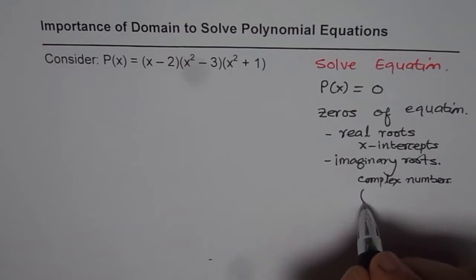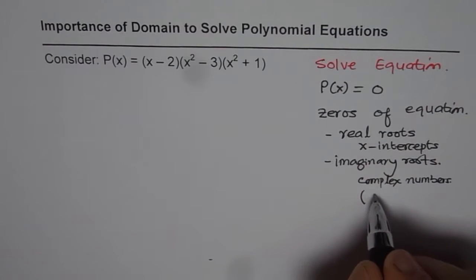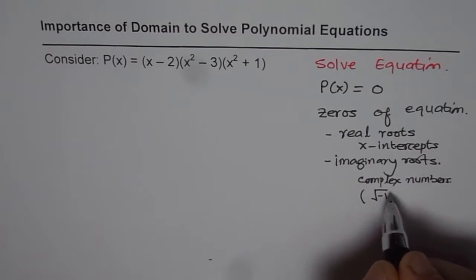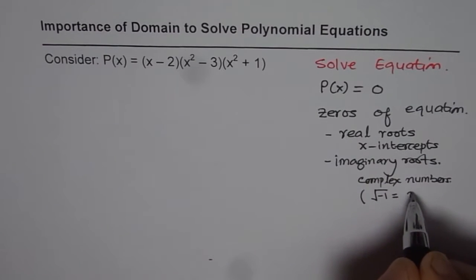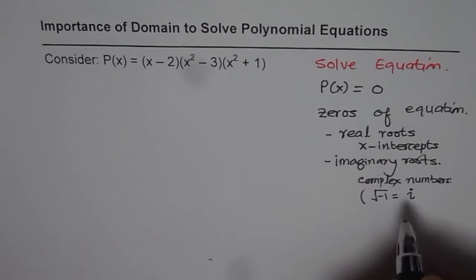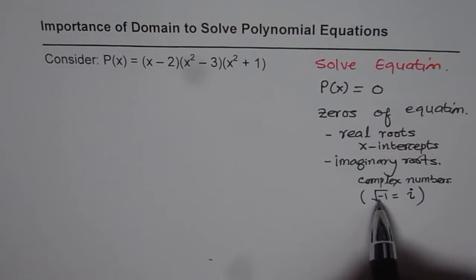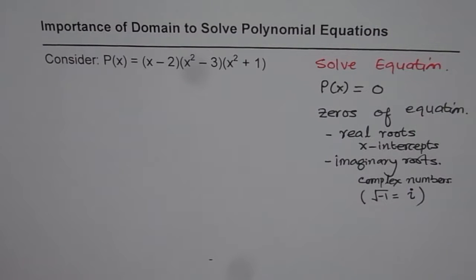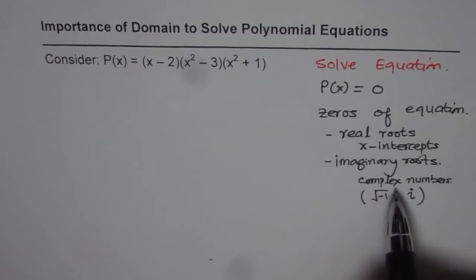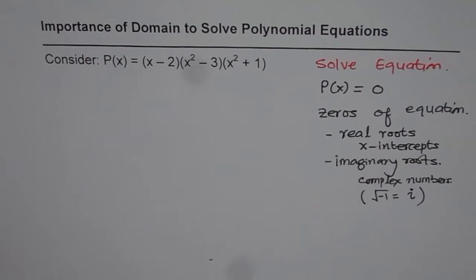Just to give you a heads up, complex numbers are one where we have square root of minus 1 equal to i, and in real roots, square root of minus 1 is not real, right? So that makes the difference. Well, when we talk about complex numbers, real roots are included in it, correct? So in short, that is what we are trying to say when we say solve polynomial equations.